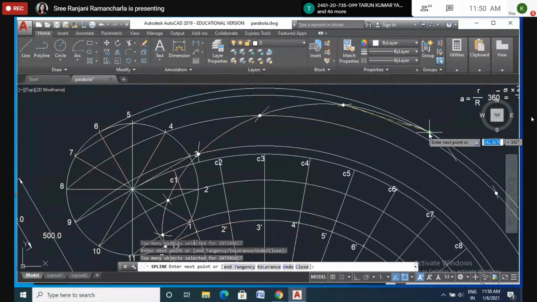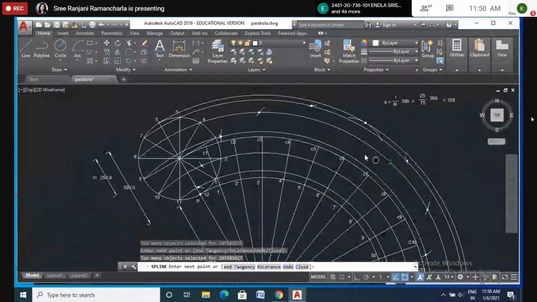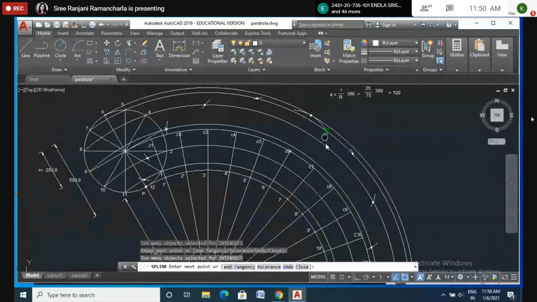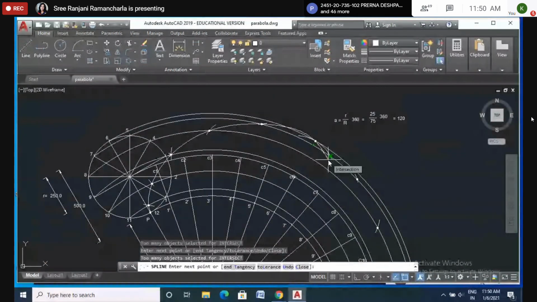Yes, can you see or not? And sometimes I can stop here in this manner. See here, the line is going beyond that line. So I can stop here by maintaining like this, and then I can mirror it.